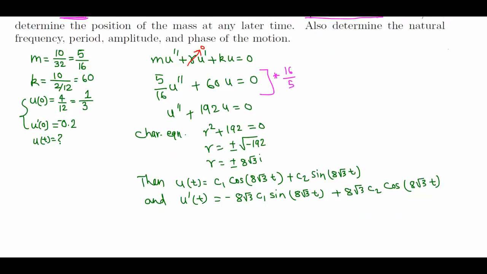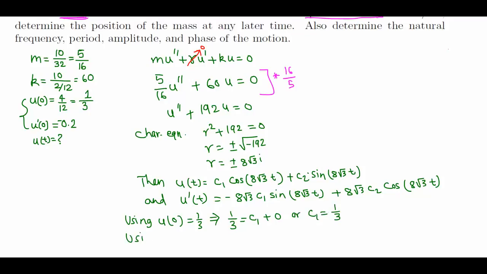Now let's use the first initial condition. Using u(0) equals 1/3, we get 1/3 equals c1 times cosine 0. Cosine 0 is 1, so c1, plus c2 times sine 0, which is 0. That is the same as c1 equals 1/3.